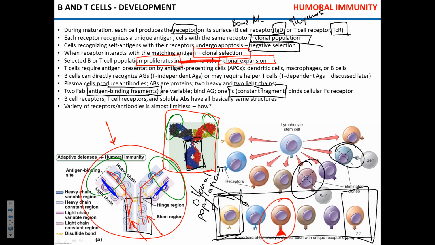Basically, if this is an antigen, and this is an empty T cell, nothing happens. This antigen has to be presented to me by a so-called antigen presenting cell. Then I will recognize it. That makes sense? Okay. So far, are we good?